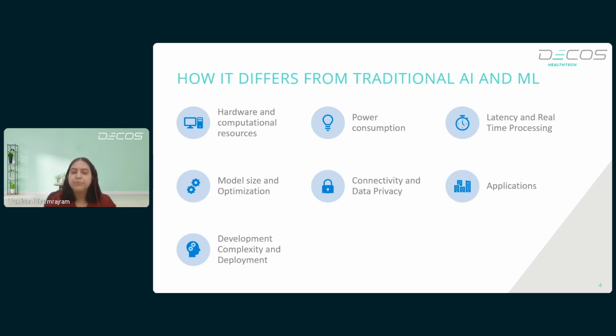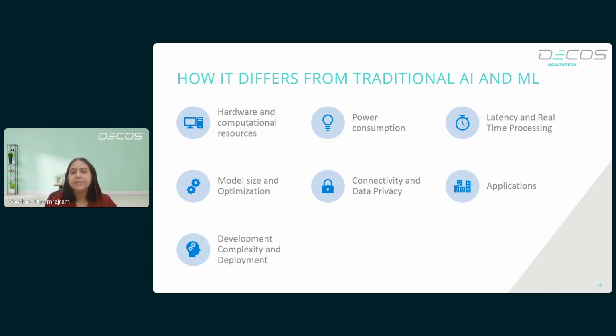Next difference is in model size and optimization. TinyML uses compact models with techniques like quantization, pruning, and knowledge distillation to fit within microcontrollers' constraints, while the traditional AI/ML model can use large deep learning models, for example, GPT, ResNet, BERT, without size limitations.